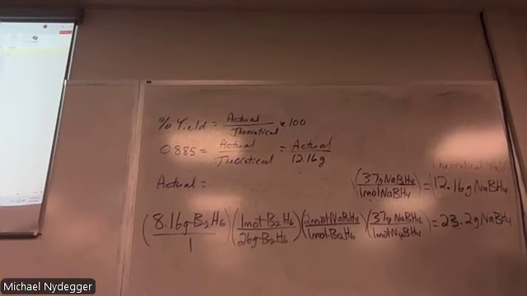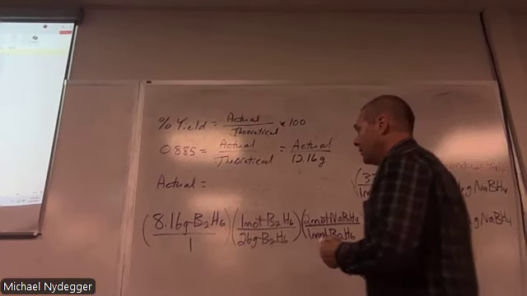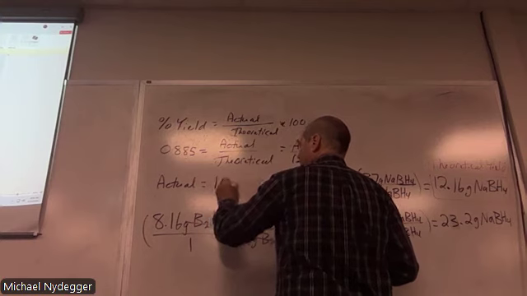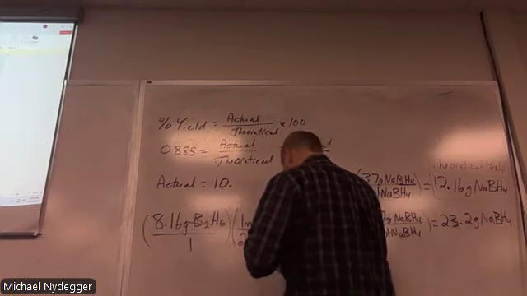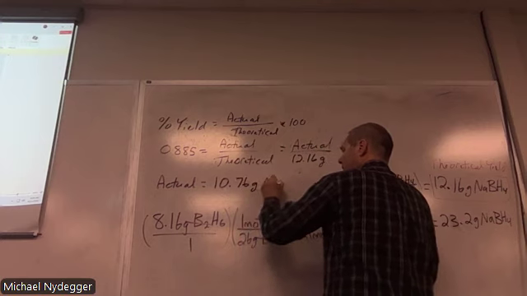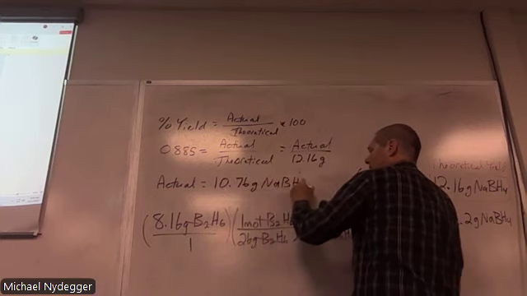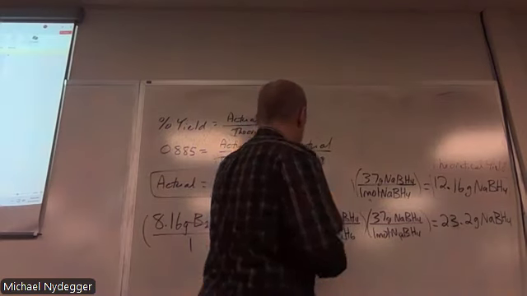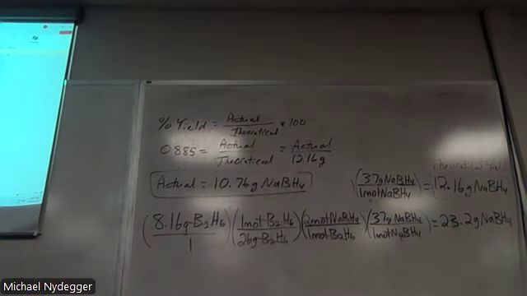We can come up with 10.67 grams sodium borohydride. About 10.76. So we're in that ballpark range.